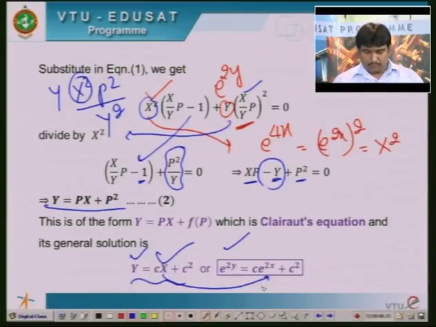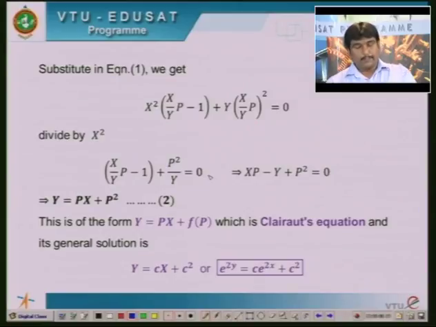This is the general solution. If you want a singular solution of this differential equation, you differentiate all these things with respect to C, arbitrary constant C, treating x and y as constants.